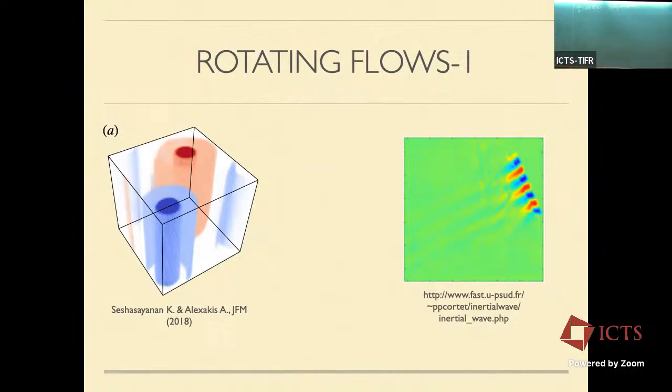And why is that? What chooses the direction along which it becomes columnar? For that, one can just directly look at the vorticity equation in the rotating frame.